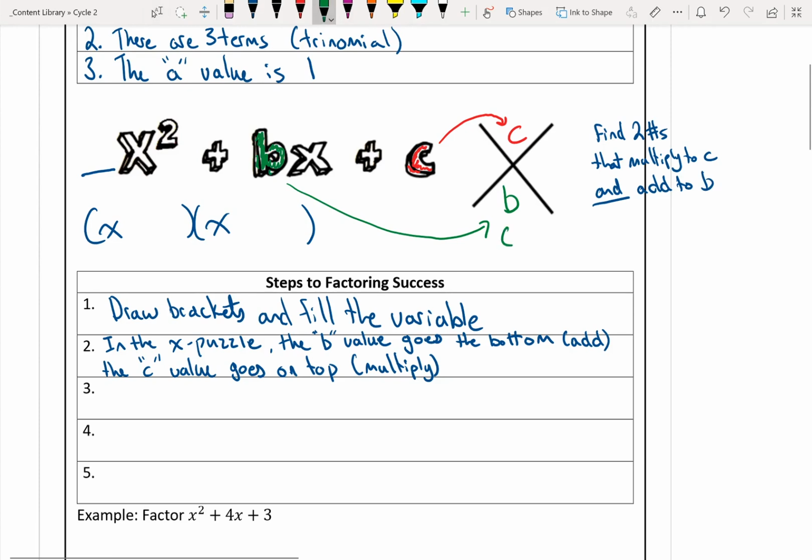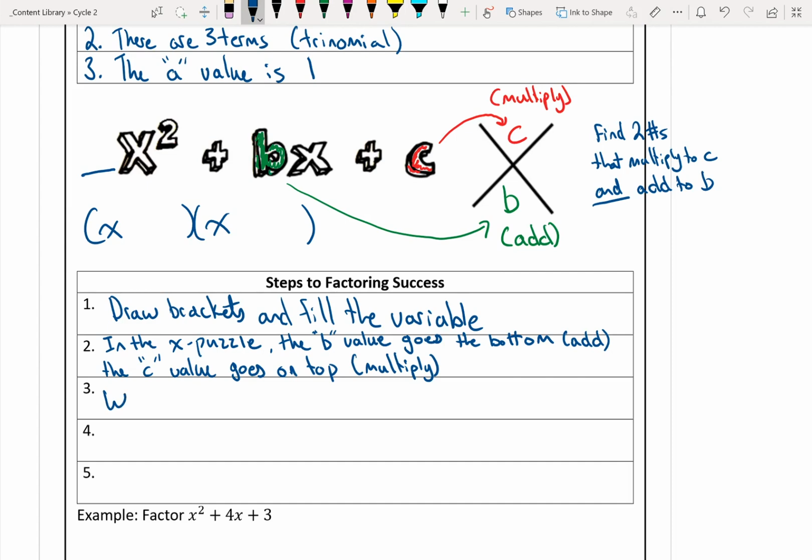So again, b, they have to add, and c, they have to multiply. So again, we're looking for 2 numbers, not 2 different sets of numbers, just 2 numbers in general that add to b and multiply to c.